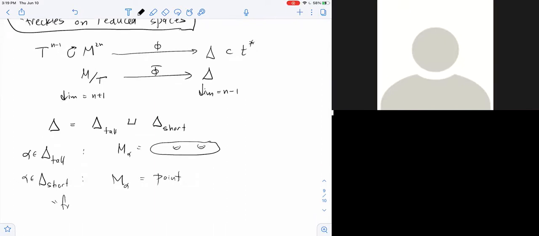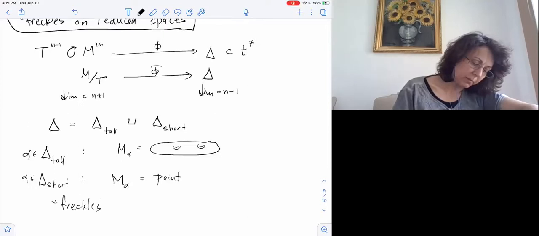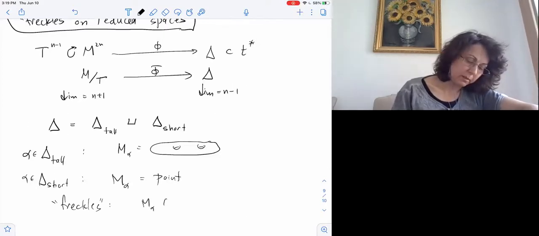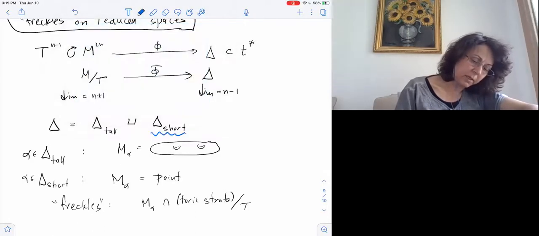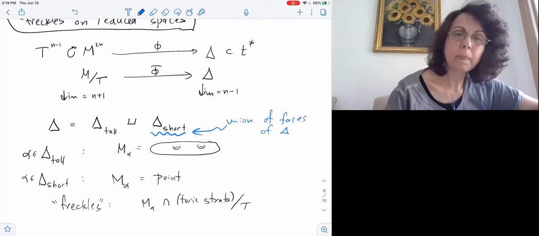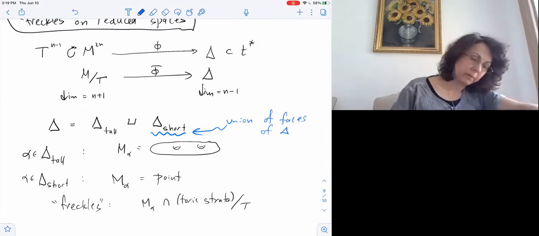And what we call freckles, the points where the reduced space is not smooth, are the intersection of the two-dimensional reduced space with toric strata. And maybe just a little comment here, the short guy is just a union of faces of delta. So let me draw the picture.